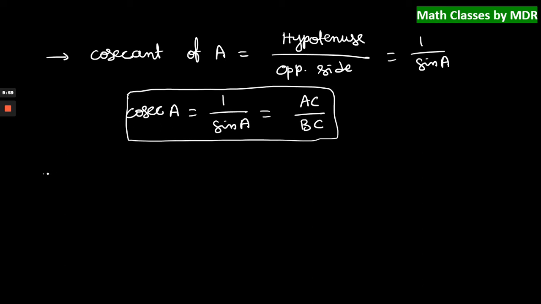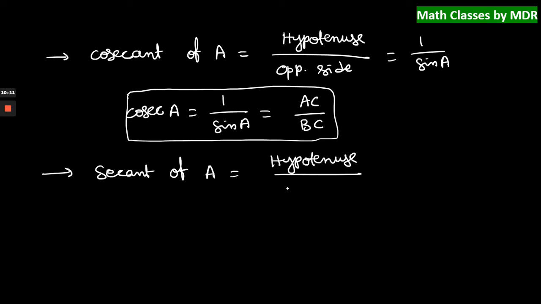Now the next one is secant of A. Secant of A is defined as hypotenuse by adjacent side, and hypotenuse by adjacent side is nothing but 1 by cos A. It is the reciprocal of cos A because we know that cos A is adjacent side to hypotenuse.